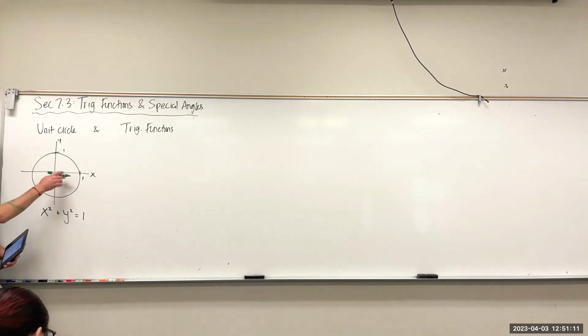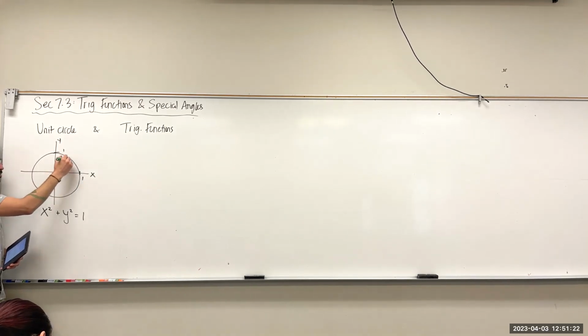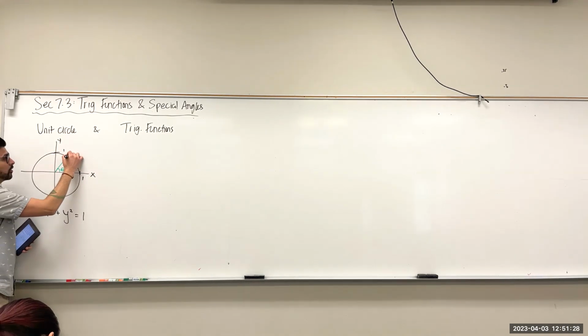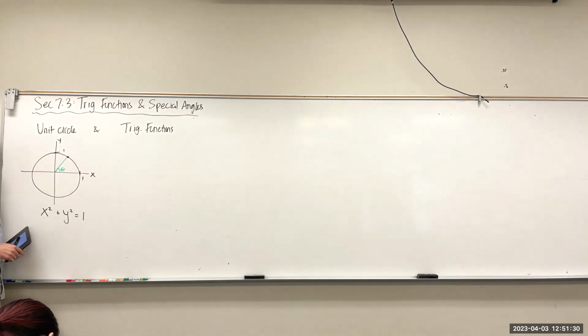And then the way we define it is we have what's called standard position. Your radius here starts at the positive x-axis, and then it rotates by a particular angle, which we're calling theta. And then on this unit circle, we looked at on Desmos, we looked at the coordinates of the points of this circle.